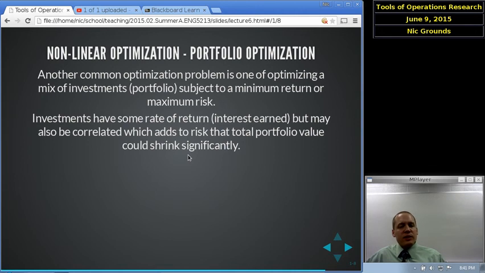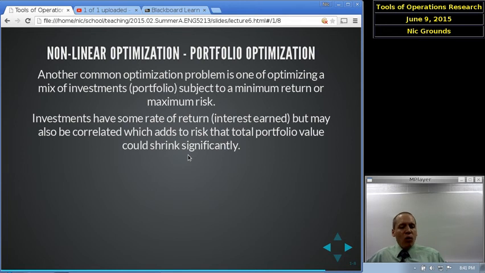So what we want to do is choose how much to invest in several different investment opportunities, such that we get the highest expected rate of return we can, subject to an acceptable level of risk, that we might lose money, a risk that things might be correlated and we might lose all of our money.